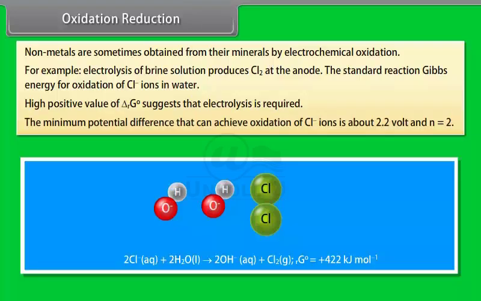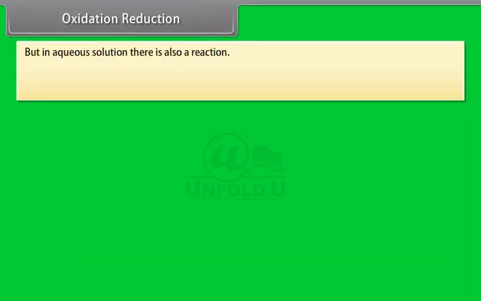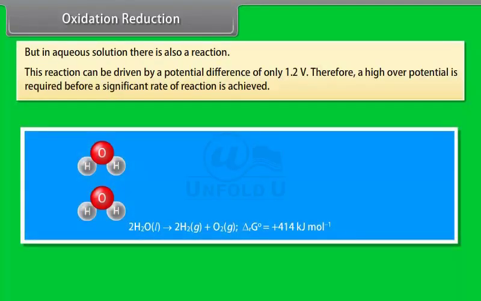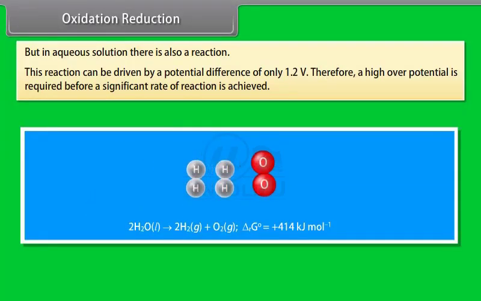The minimum potential difference that can achieve oxidation of Cl- ions is about 2.2 volt and n is equal to 2. But in aqueous solution there is also a reaction of water oxidation. This reaction can be driven by a potential difference of only 1.2 volt. Therefore, a high overpotential is required before a significant rate of reaction is achieved.